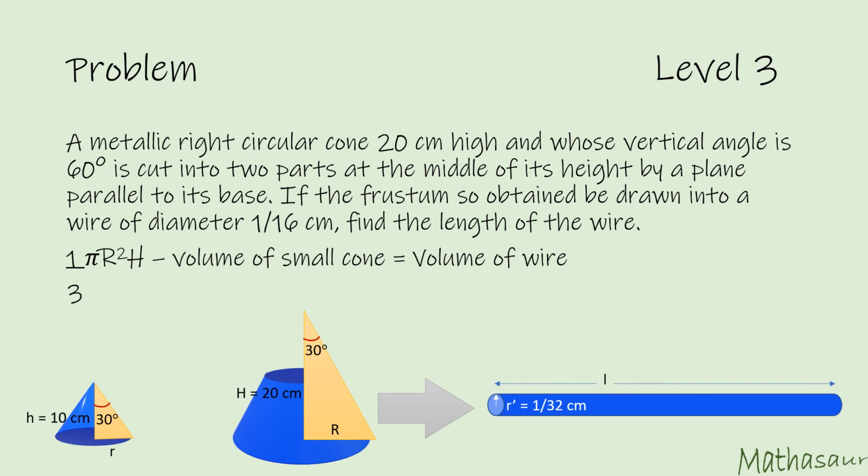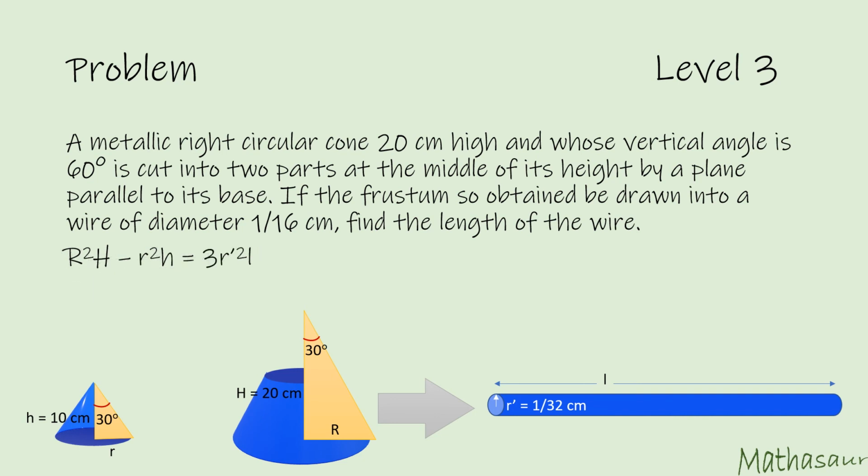We have 1 upon 3 times pi times capital R square times capital H as volume of original cone, and 1 upon 3 times pi times r square h as volume of smaller cone. The volume of the wire would be pi R dash square times L. Since the wire is in the form of a cylinder, we are representing the height of the wire as L. Let us divide both sides by pi and multiply both sides by 3.